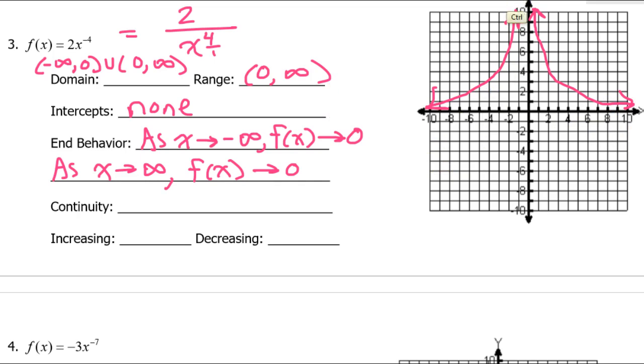So this does have an asymptote, so it's not continuous. An asymptote is called an infinite discontinuity. So I will say infinite discontinuity at x equals 0.